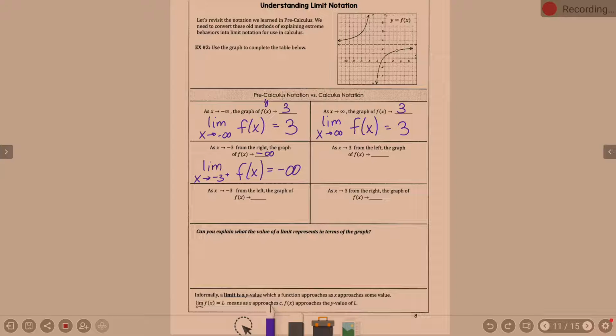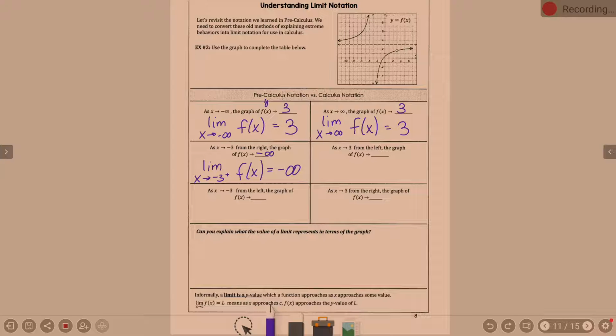As x approaches 3 from the left, what are you thinking? No? Reread the problem. It's not as x approaches negative 3. It's as x approaches positive 3.